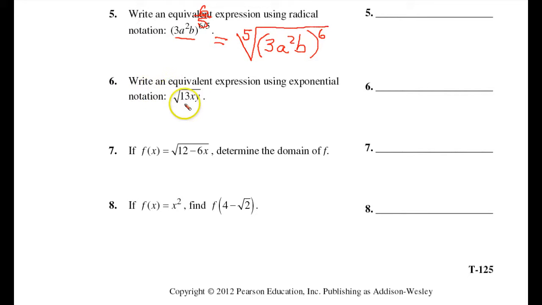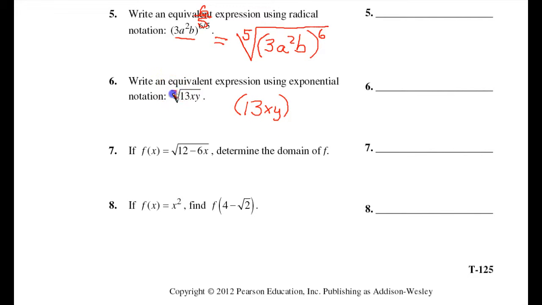And here they want us to do just the opposite. So it's going to be 13xy. And you could put that in parentheses because that is your radicand, which becomes the base.